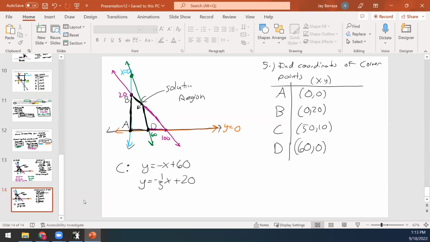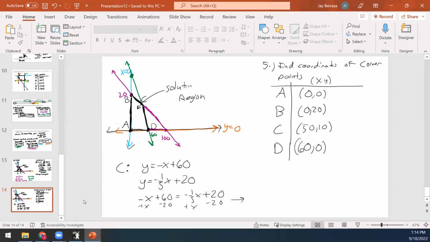Now, if you're wondering, I don't like using my calculator, how can I do it by hand? Okay, set these 2 equations equal to each other. I'm going to add the x over and subtract the 20 over.